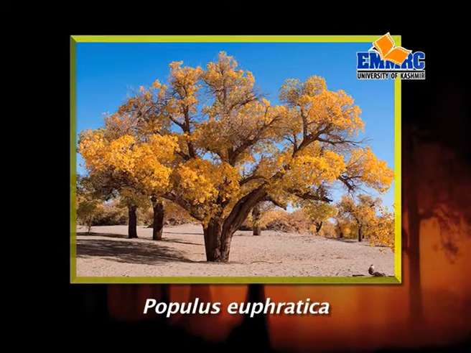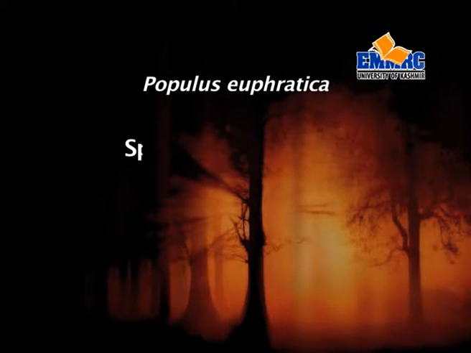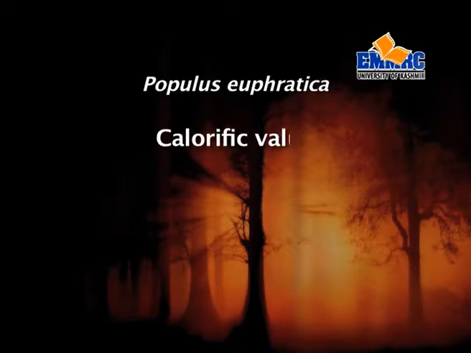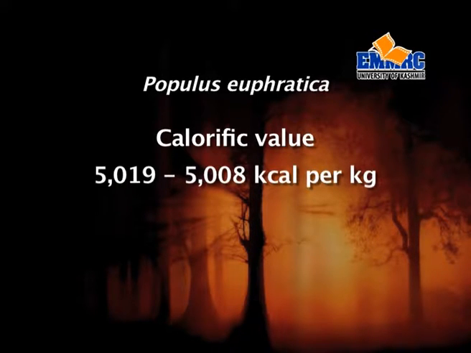It also grows on land that is seasonally flooded and on which no other form of cultivation appears possible. The wood is moderately dense, its specific gravity going up to almost 0.48. The calorific value is reported to be 5,019 kilocalories for the sapwood and 5,008 kilocalories for the heartwood.